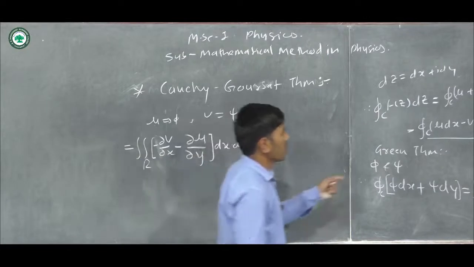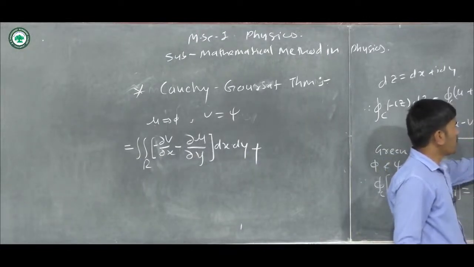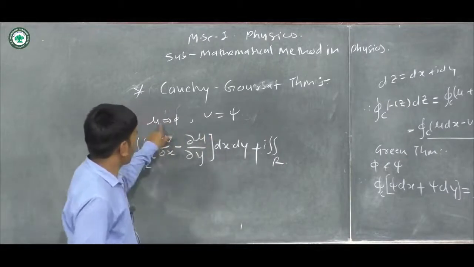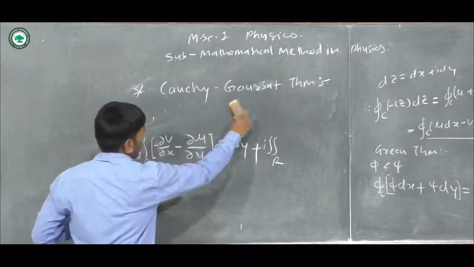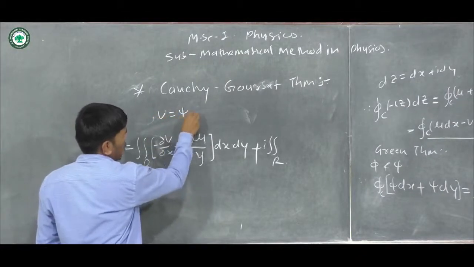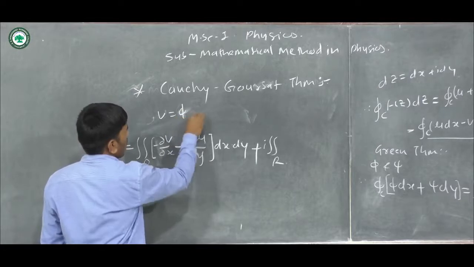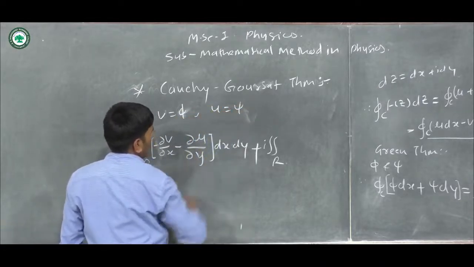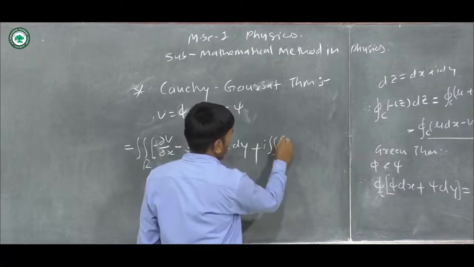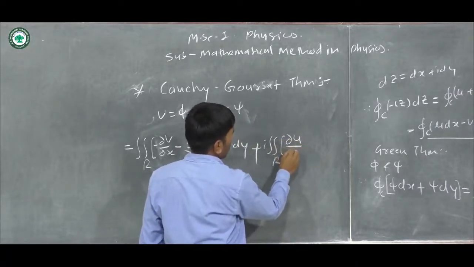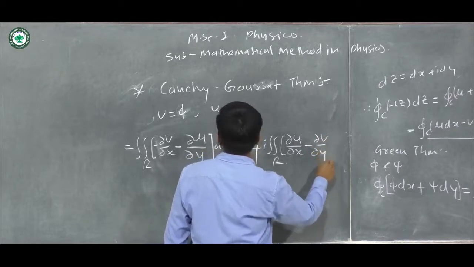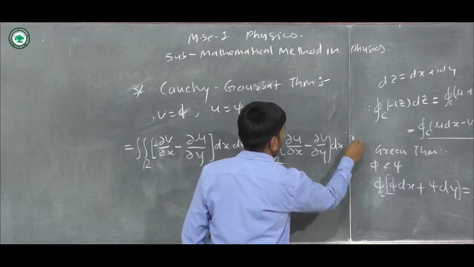Now the other term is i times the closed integral over C of v dx + u dy, which is i times the double integral over R. Here v is now phi and u is now psi, so it becomes (∂u/∂x − ∂v/∂y) dx dy.